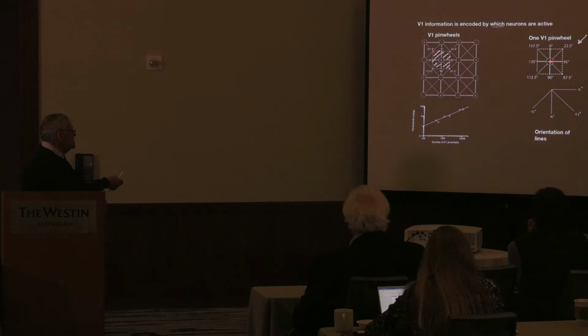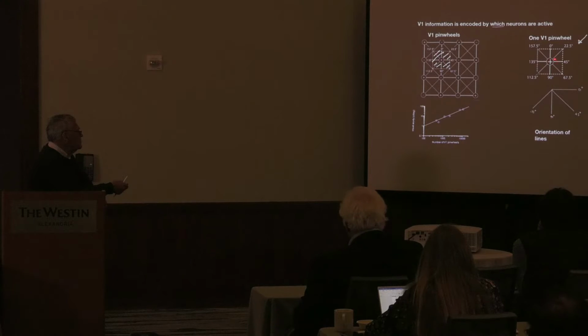And so every one of these circles over here is the center of a pinwheel. At the center of a pinwheel, going up like that, all the cells in that region respond to a line with a slope of 0. All of the cells along this line here respond to a line with a slope of 45 degrees. All of the cells here respond to a line of 90 degrees perpendicular to this line.